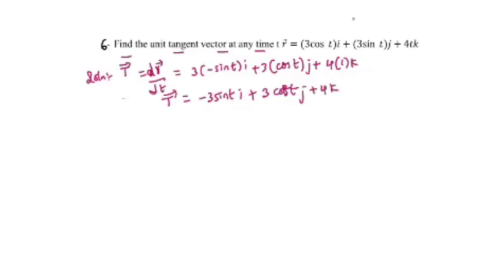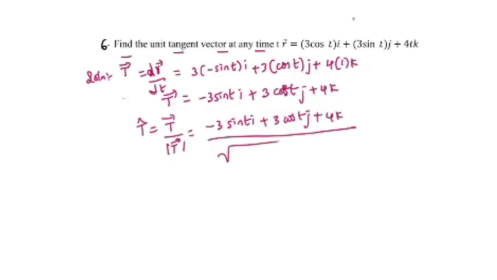To find the unit vector, the unit vector will be the tangent vector divided by the magnitude of the tangent vector. That will be minus 3 sin t i plus 3 cos t j plus 4k divided by root of minus 3 sin t whole square plus 3 cos t whole square plus 4 square.